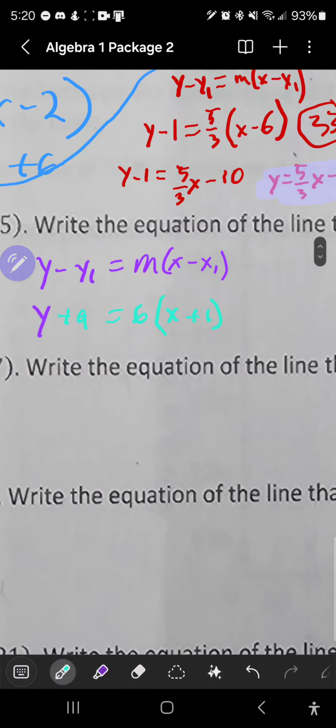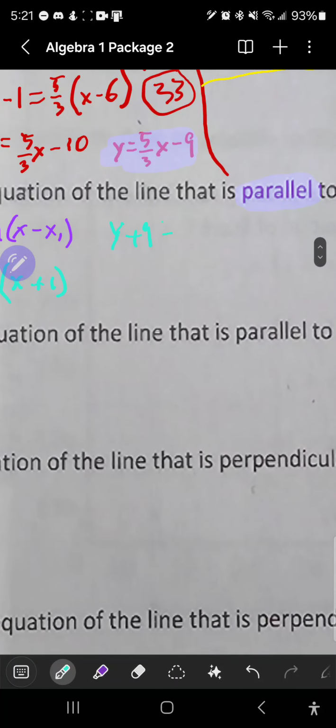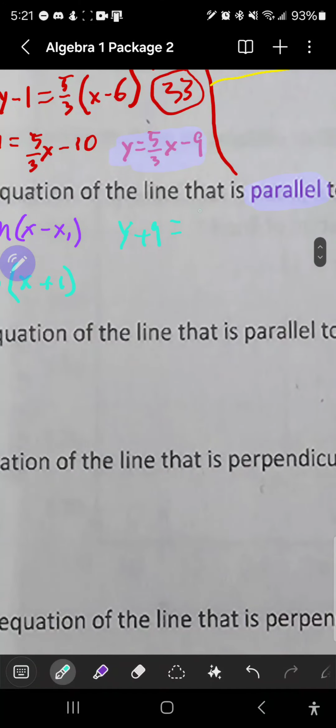And we keep going, we multiply 6 by x and by 1, and we get that y plus 9 equals 6x plus 6.